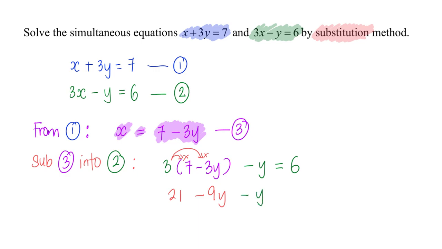I still have my negative y equals 6. Continue. Negative 9y and negative y make negative 10y. And I will have my 6 plus or minus 21. Yes, minus 21. Very good.